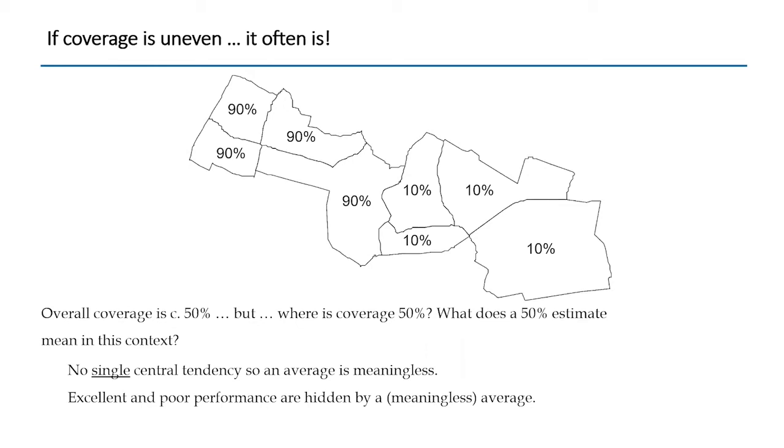You think you might be doing reasonably well, but in fact, you're doing very well in one part of this area and very badly in another. And so the central tendency is obscuring the meaning of the data, hiding reality, the spatial reality. Next slide, please.